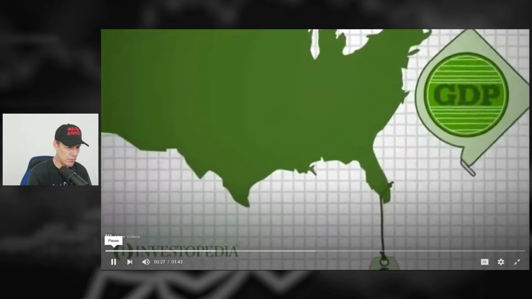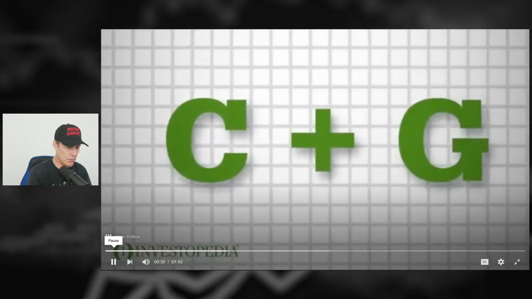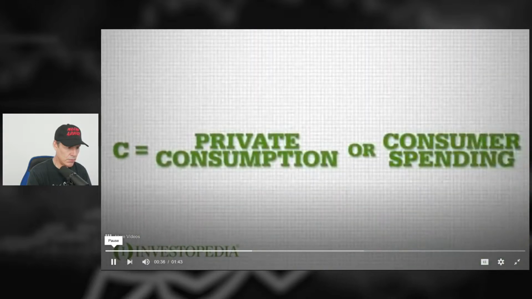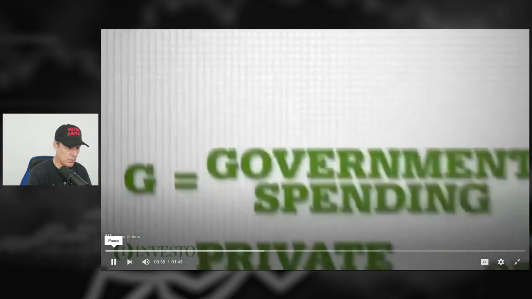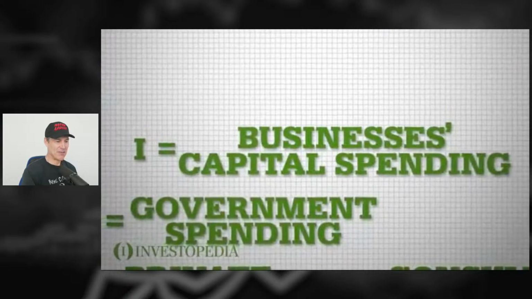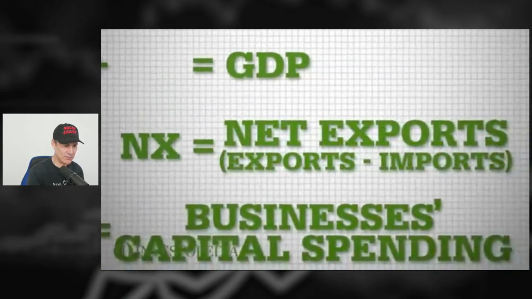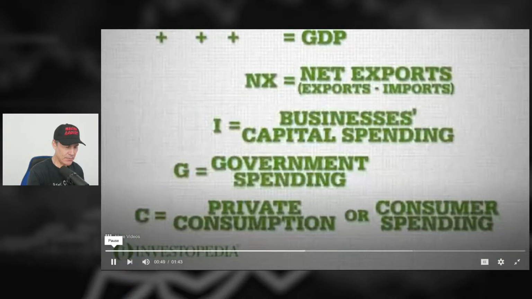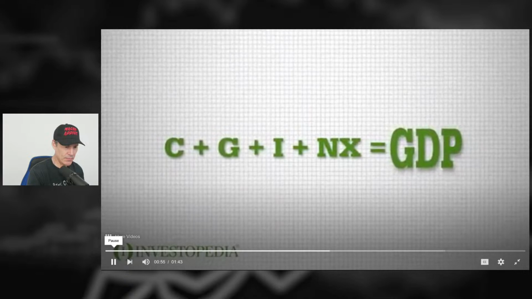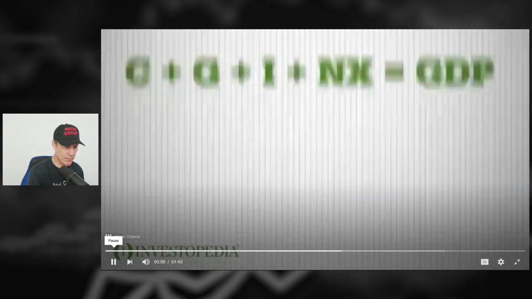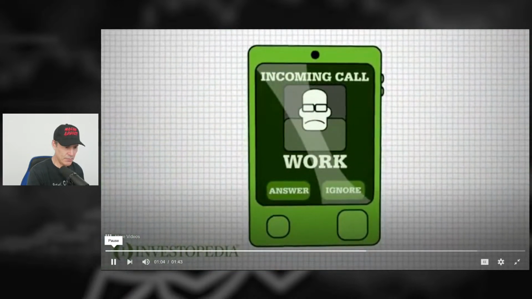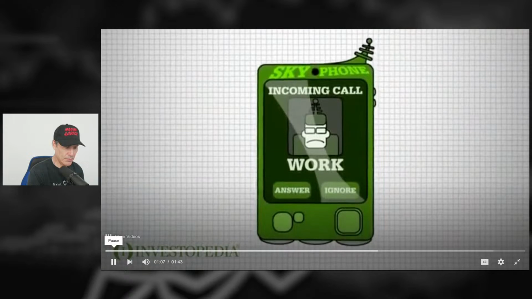The price is determined with the following formula: C plus G plus I plus NX equals GDP, where C is the nation's private consumption or consumer spending, G is the sum of government spending, I is the sum of businesses' capital spending, and NX is the nation's total net exports, exports minus imports. GDP is an important number because it indicates whether a country's economy is growing and expanding or shrinking and contracting. It also gives important information about how the introduction of new products and services or the improvement of existing ones affect demand. This data helps to plan future product development and improvements.